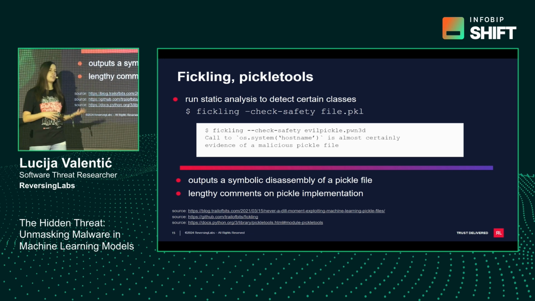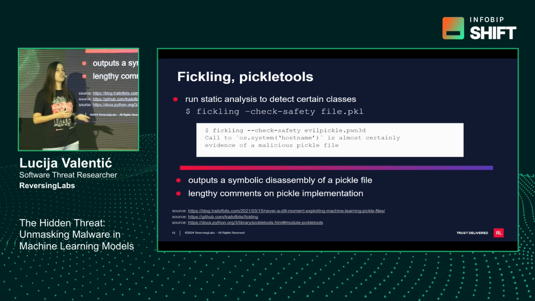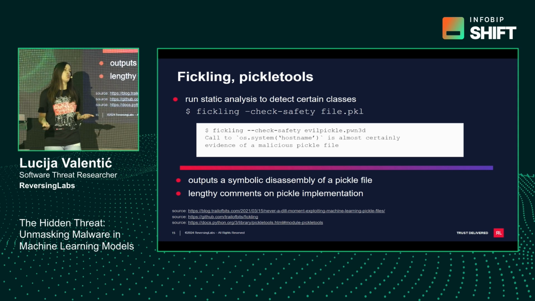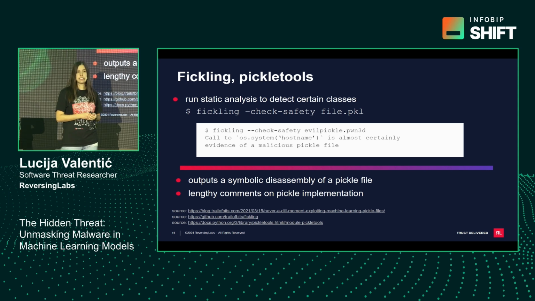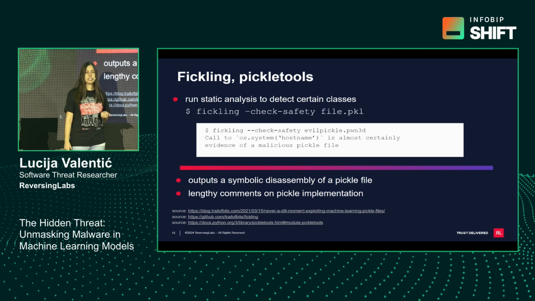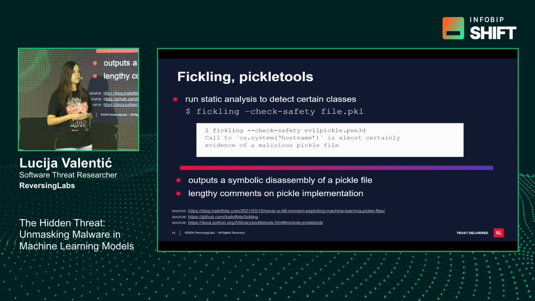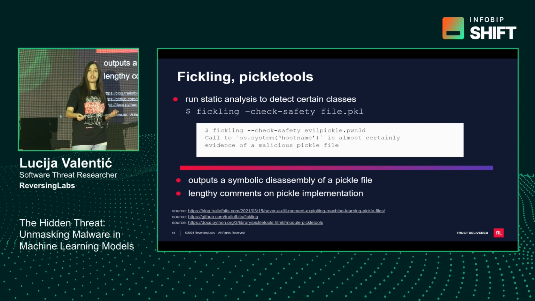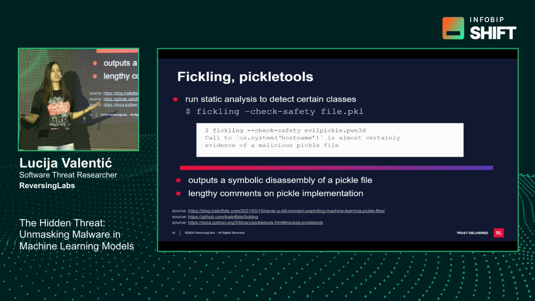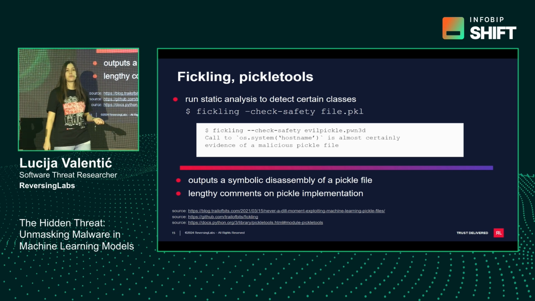Of course, it's more useful if you're on the reverse engineering side. But there is a useful option, check-safety, and you can use Fickling with the option check-safety on some pickle file you think is malicious. Then it would alert you if some function that can be used to execute arbitrary code is used.